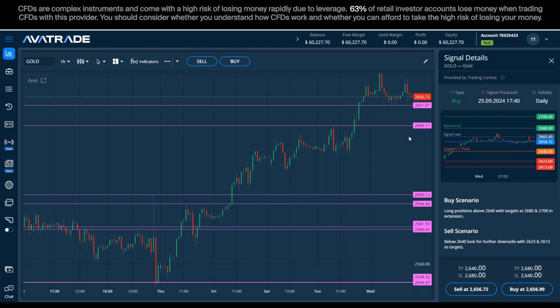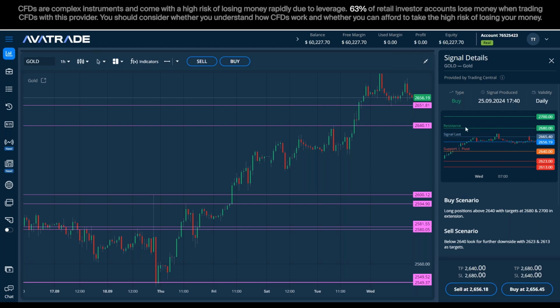But until and if it drops below here, as long as it doesn't, then this buy signal is still valid. But you have to look at the current fundamental news and decide, is this a trade I'd like to make? We do see that it hasn't reached the take profit zone up here. These green lines are the area where the signal expects it to maybe find some resistance.